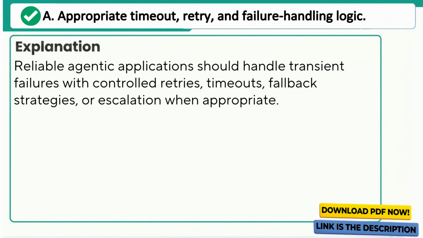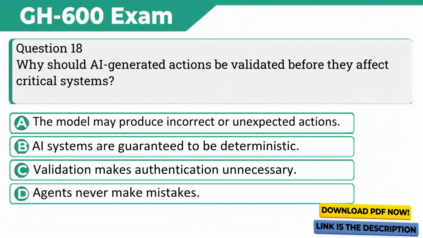Explanation. Reliable agentic applications should handle transient failures with controlled retries, timeouts, fallback strategies, or escalation when appropriate. Question 18. Why should AI-generated actions be validated before they affect critical systems? A. The model may produce incorrect or unexpected actions. B. AI systems are guaranteed to be deterministic.